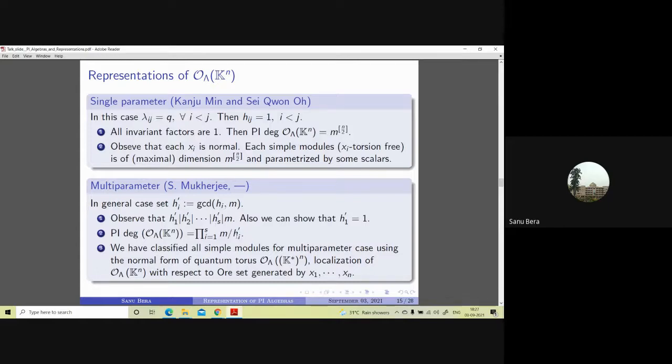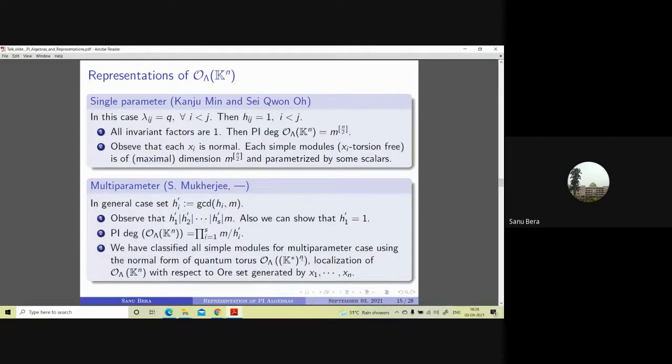So in this case we have classified simple modules using the normal form of the quantum torus. Quantum torus is obtained by localizing the quantum affine space with respect to the multiplicative set generated by x1, x2, up to xn, and this is a rank n quantum torus.